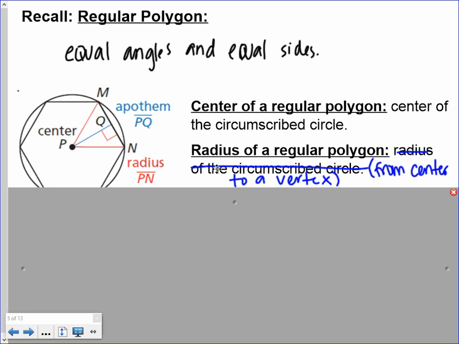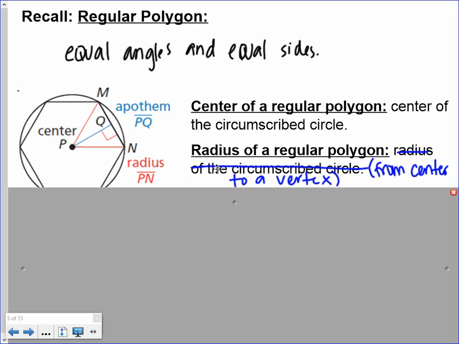So you can either write that somewhere around the blue area here in the middle, or find a place to write that. But you should know what a radius of a polygon is, because it's not quite like a radius of a circle. A radius of a circle just goes from the center to a point on the circle. A radius of a polygon specifically goes from the center to a vertex, because if we put a circle around it, that's where the points would be on the circle, at the vertex.